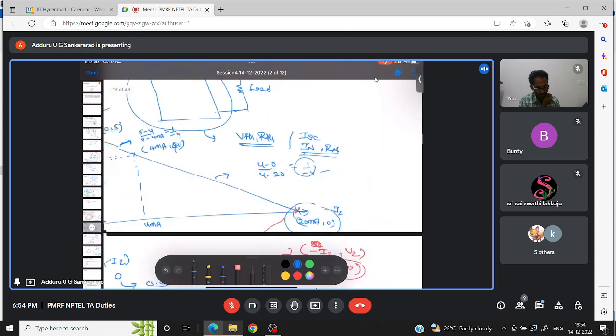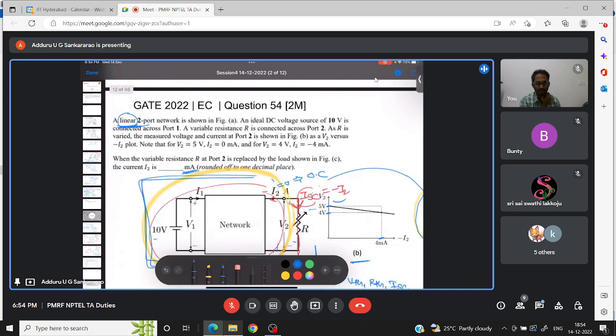So we can use two-port networks, but it is a little complex and lengthy. Maybe it is better to use either ABCD parameters or hybrid parameters. But instead of that, we can use Thevenin's theorem because they have given the VI characteristics at the output side.